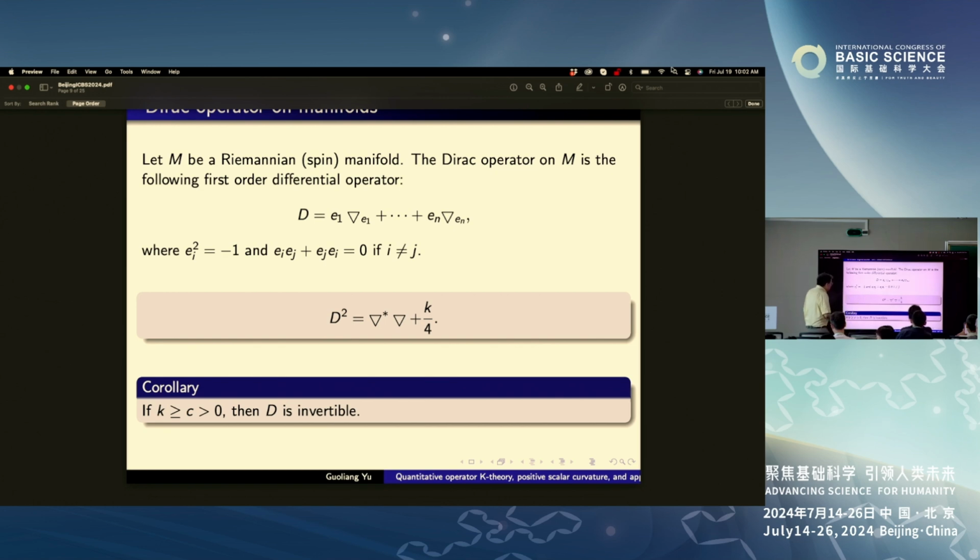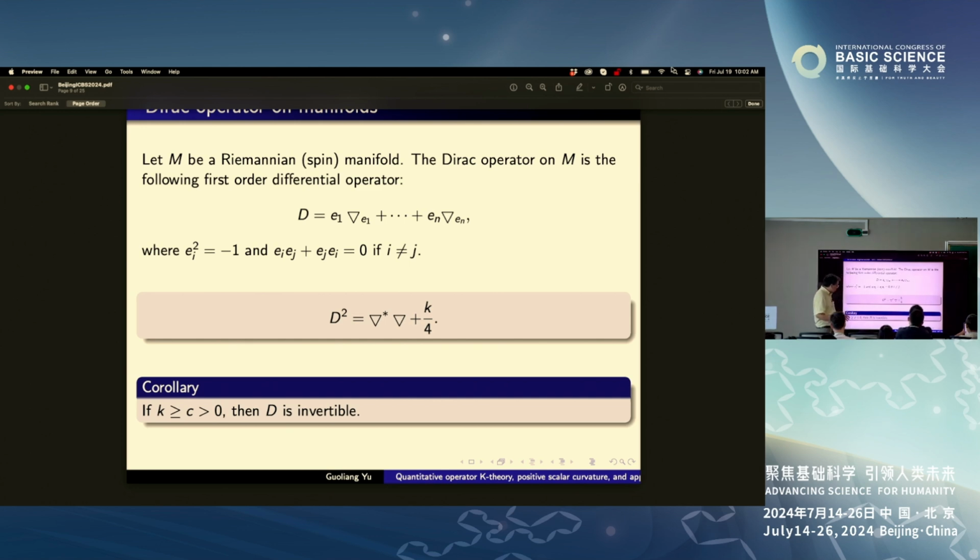Of course, this wonderful formula establishes a connection between geometry and operator theory. My background when I grew up is operator theory, so whenever a problem is about operator theory, I feel, oh, I can do something. So the connection is, if the scalar curvature is positive, because this operator is non-negative, then it's invertible. That's the connection.